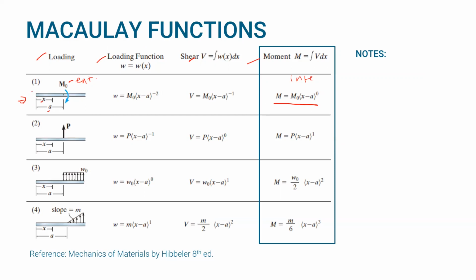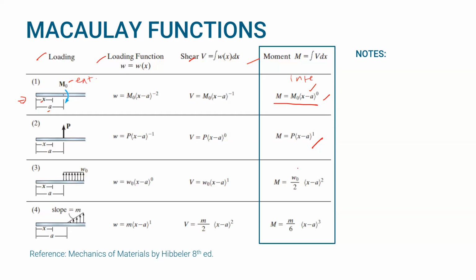So yung origin nito is nasa left end. Tapos yung orientation ng x is to the right, positive. Yung a na yan is kung saan nagsisimula yung or saan applied yung loading natin. For this case, the moment is applied at x is equal to a, kaya meron akong x minus a dito. So that's for the moment.